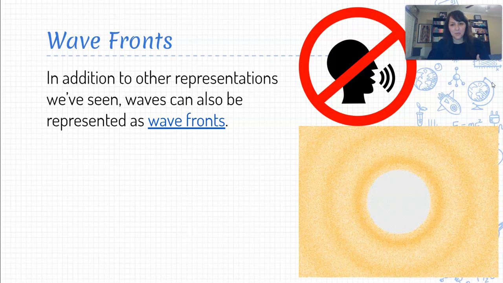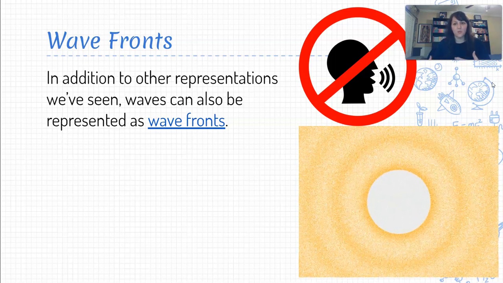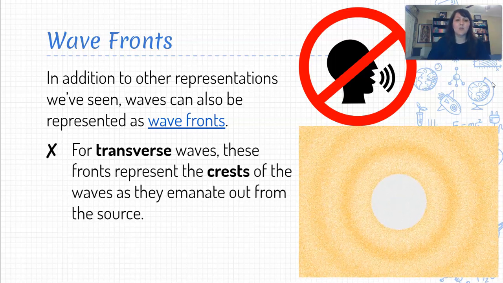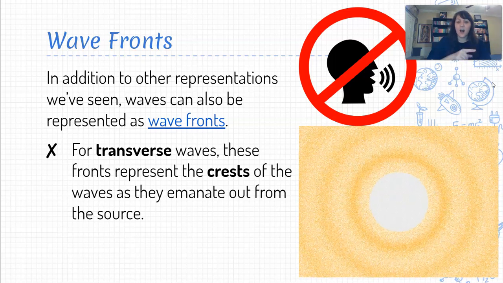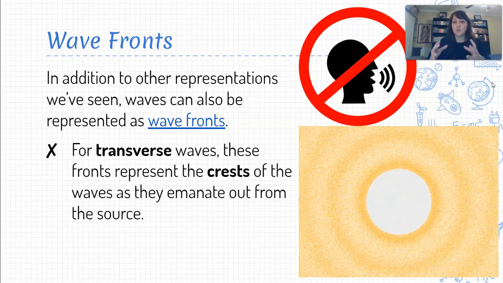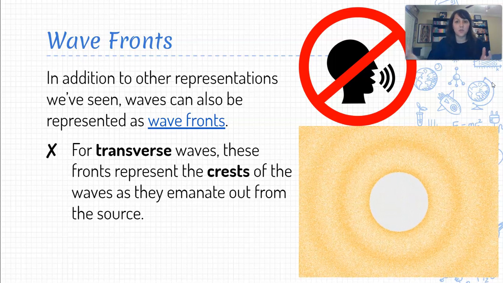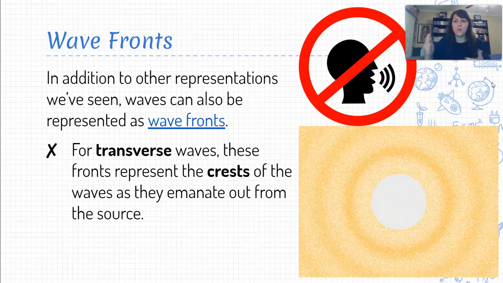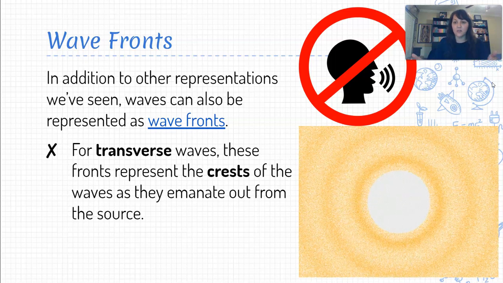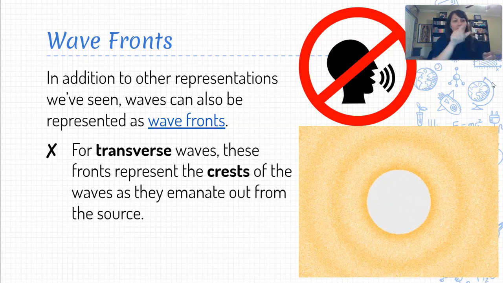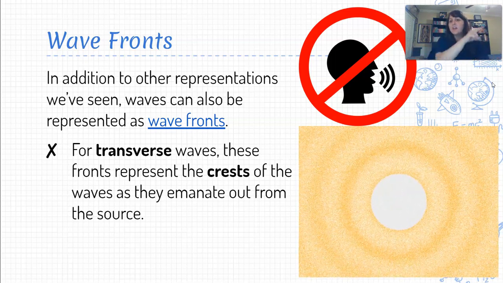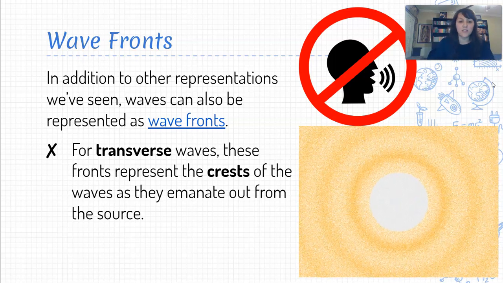Now, probably the simplest way for us to think about what those wave fronts really mean is if we're talking about a transverse wave, we can think of these fronts as representing the crests of those transverse waves as they move away from the source of that wave. Okay, so as we see the wave moving along and a single crest is moving along, that's represented by one of these wave fronts here.